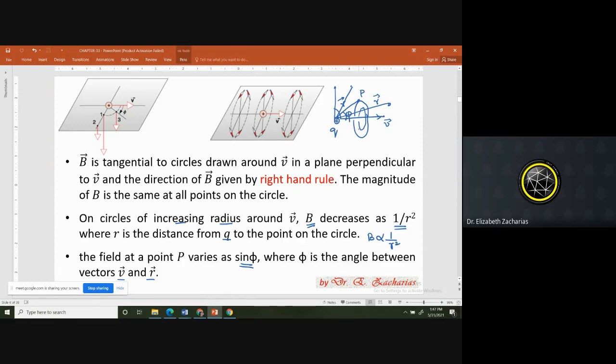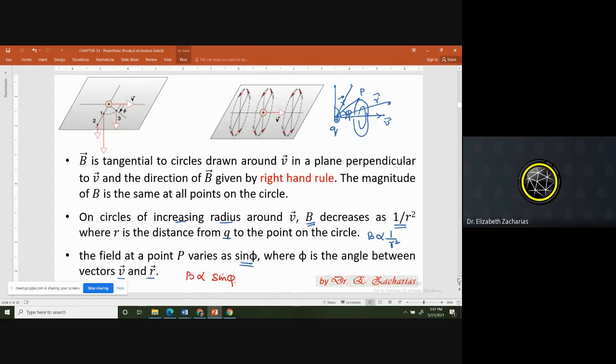But at any instant of time, if you try to look at how the magnetic field will be at some point P, there you can simply say that the magnetic field is going to be proportional to sine phi, where phi is the angle between the V and the R vector. Okay? So we are going to combine all these things and then arrive at something. Let's see what it is.